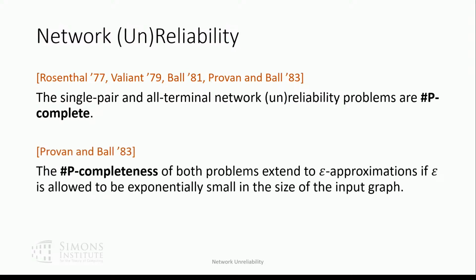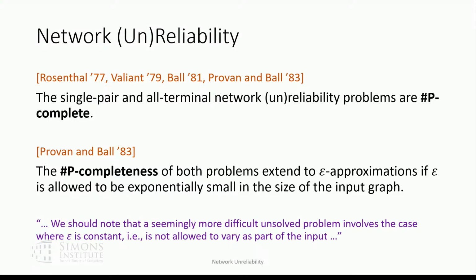And in fact, the last paper, due to Provan and Ball, said something more. It's not only #P complete to find these exact probabilities, but it's also #P complete to find approximate probabilities where the approximation factors are some parameter epsilon. The only catch is that in their reductions, they allowed epsilon to depend on the size of the network. So in particular, epsilon was exponentially small in the size of the input graph. That's a result they got.